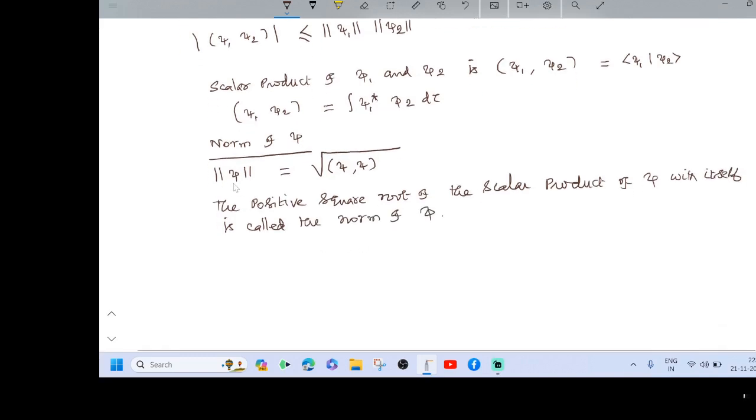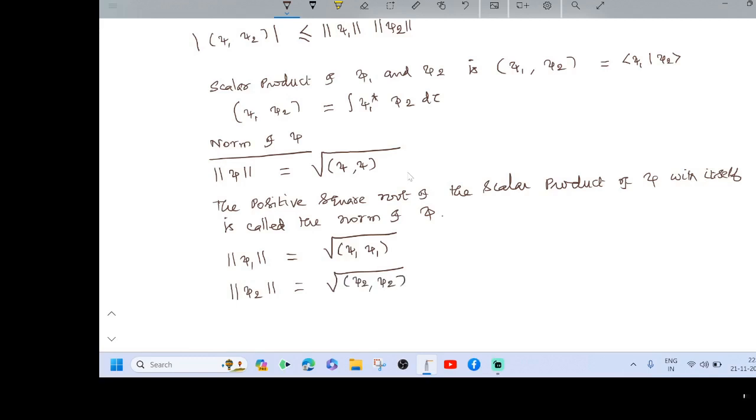That is, the norm of psi equals the square root of the scalar product of psi with itself. In the same manner, the norm of psi1 is equal to the square root of the scalar product of psi1 with itself, and the norm of psi2 is equal to the square root of the scalar product of psi2 with itself.